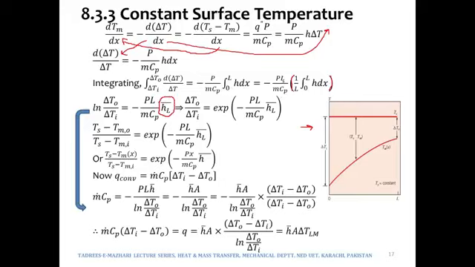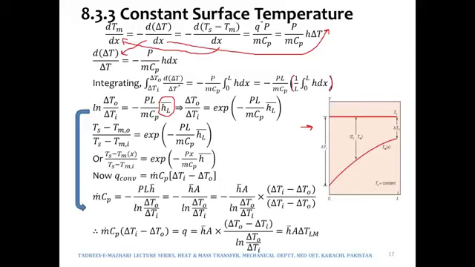That is why we divided and multiplied it by the length of the pipe. So on the left hand side it is the integral of d delta T over delta T. If for the time being we call delta T as x, it is the integral of dx over x.